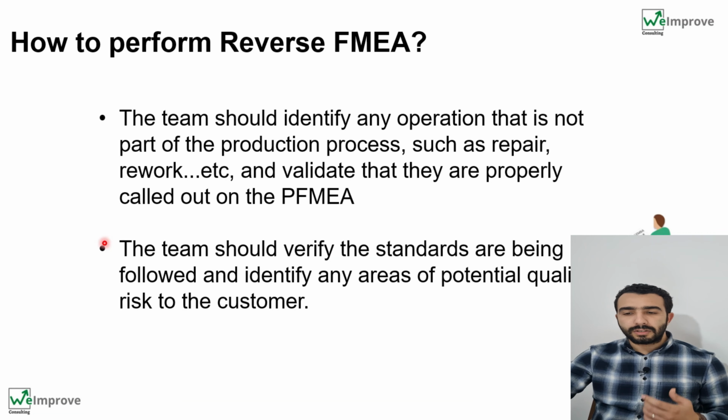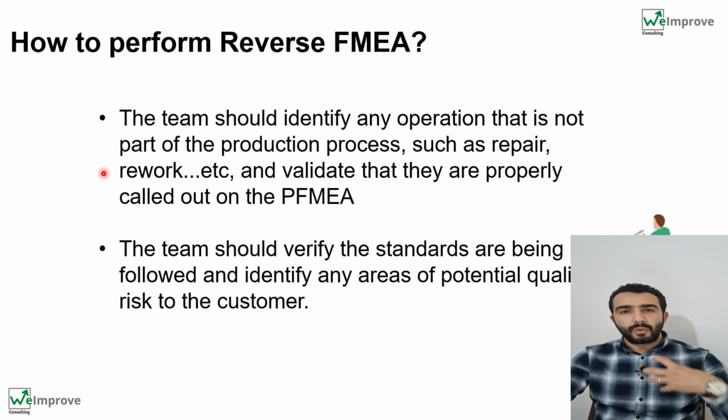So the team should identify any operation that is not a part of the production process, such as repair, rework, and validate that they are properly called out on the PFMEA. Sometimes when the production started, we have many issues and you start to decide, whether with the approval of the customer or without, to make a rework if you have a high amount of scrap.